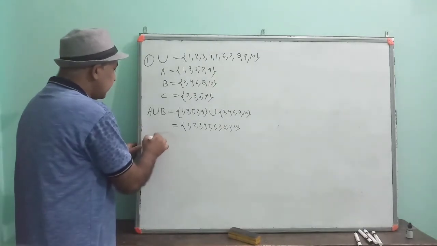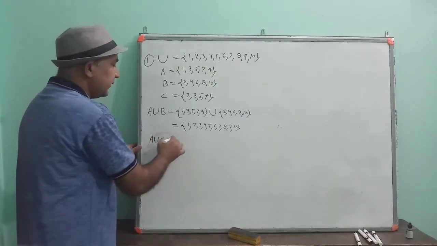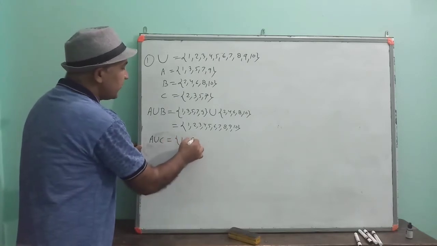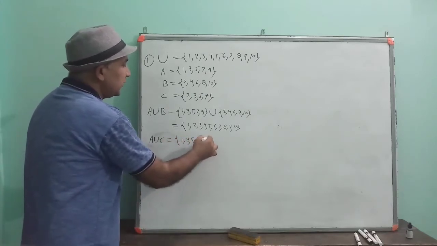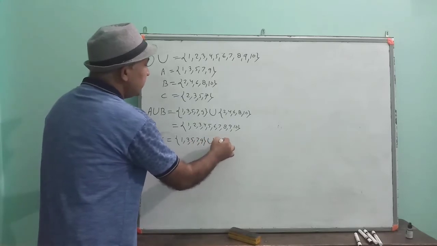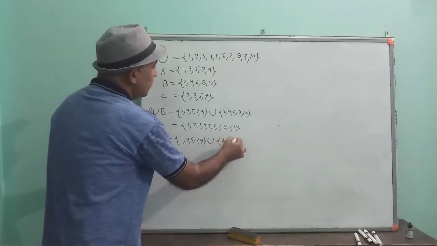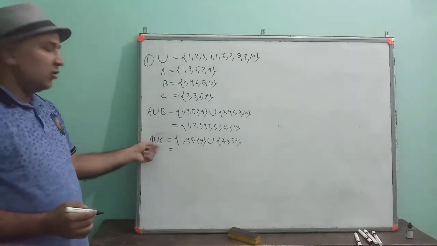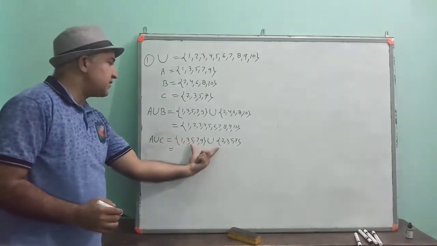Suppose you want to find A union C, then how will you find? Write all the elements of A, then union, then elements of C. 1, 3, 5, 7. Now what is the meaning of union? All the elements of A and C both.